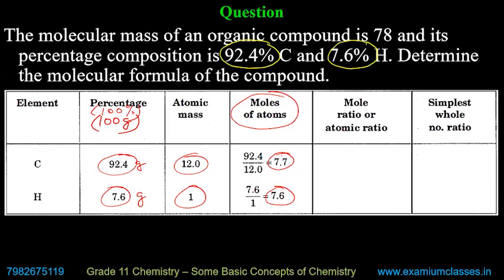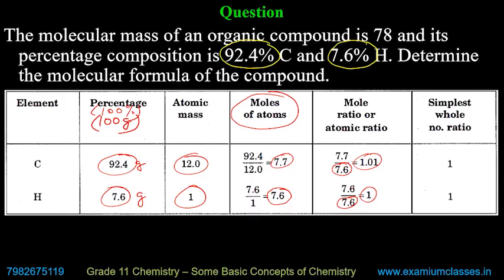For the simplest ratio, you will divide both by the least one. The least one is 7.6, so divide both by 7.6. You get 1.01 and 1. It means the simplest ratio is 1:1. So here approximation will be done while calculating the simplest whole ratio. They might not be exactly the same, but very close.